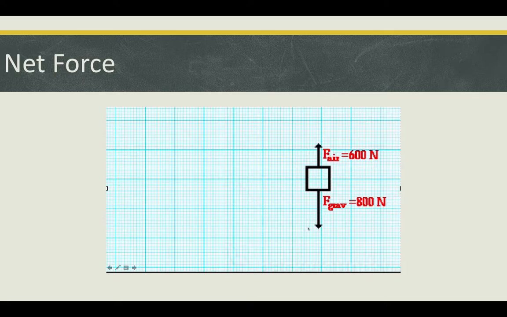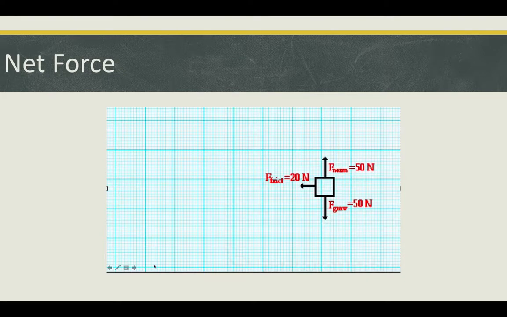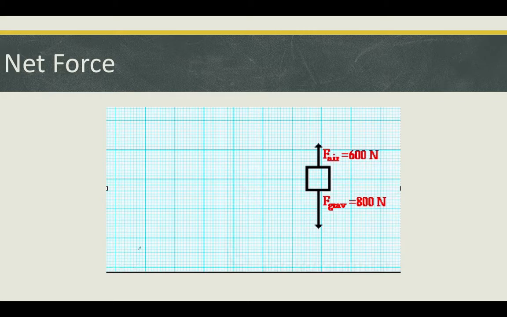Next example is a force diagram like we created in an earlier video. We have air resistance pointing up, gravity force pointing down. We want to find what the answer is for that particular force. So if we have positive 600 because it's going up, adding negative 800 because it's going down, let's go ahead and write it out.